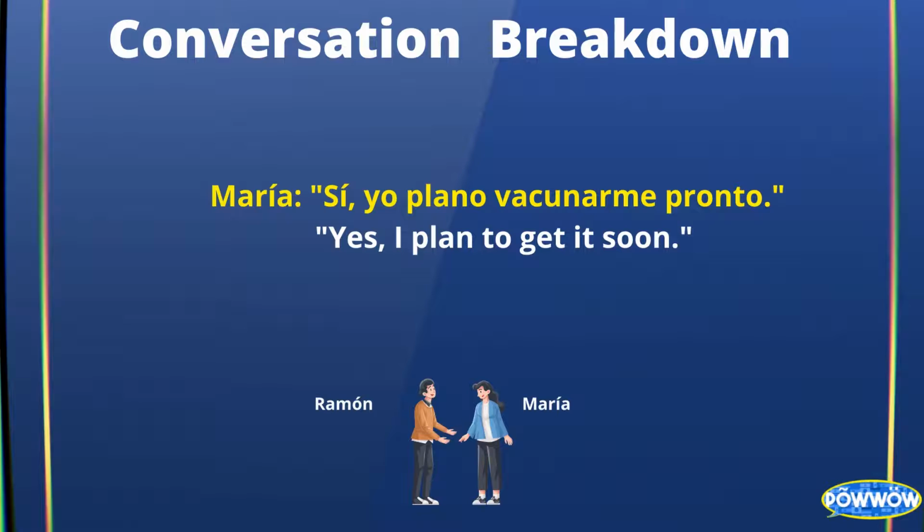Yes, I plan to get it soon. Literally, she's saying, yes, I plan to vaccinate myself soon. However, of course, we already have identified that someone else is going to be giving them the vaccination, but they are taking it upon themselves to get the vaccination. So in this particular case, she says yo planeo, which is I plan. And let's continue.